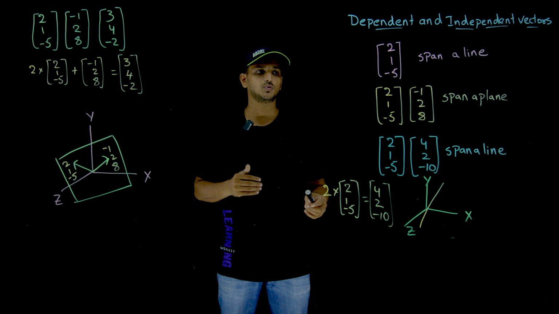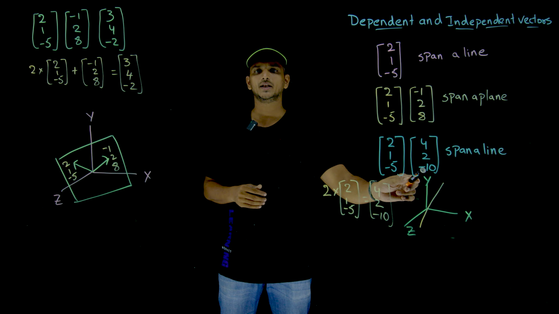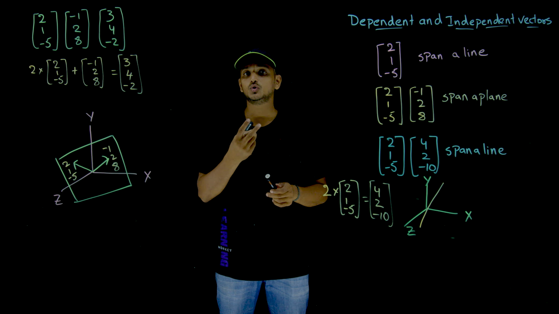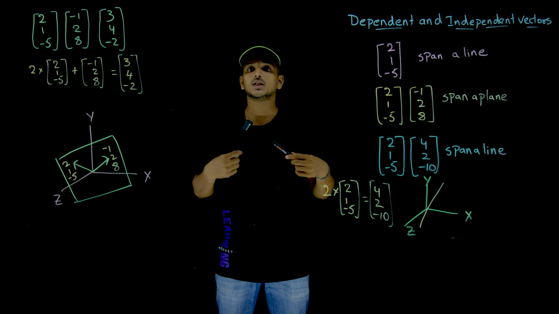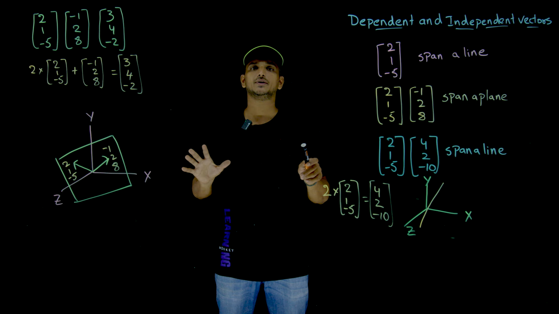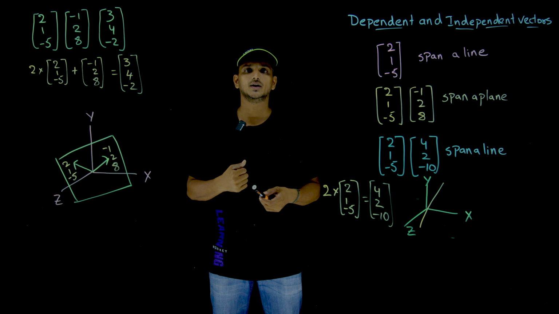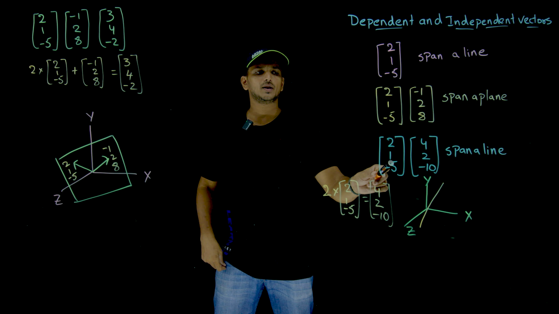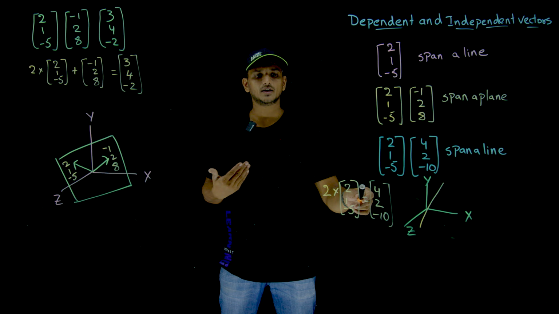Now coming to the next example, 2, 1, minus 5 and 4, 2, minus 10. They have given you two vectors, but using these two vectors, we are not able to span a plane in a three-dimensional coordinate system. Why are we not able to span? Let's try to understand. 2, 1, minus 5 is moving in one direction. But look at it.